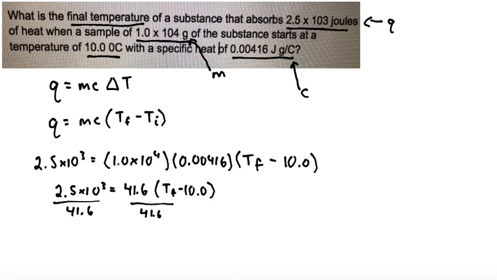2.5 e to the 3 divided by 41.6 is 60.096, and it continues, I'll just put a 2. I usually like to keep around 5 or 6 significant figures until the end. And then T final minus 10.0. So to finish getting TF by itself, we can add 10.0 to both sides.